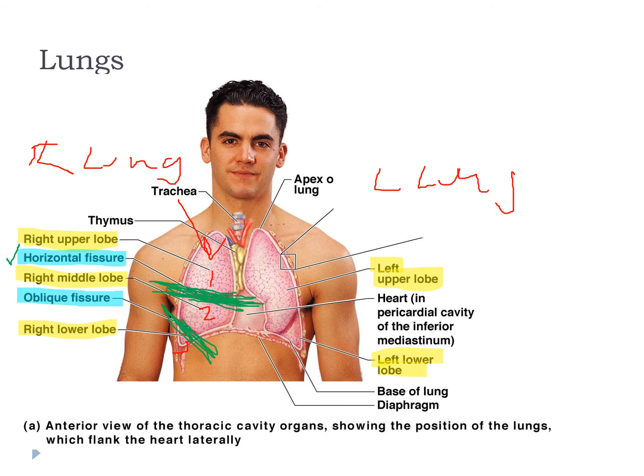And then this fissure between the second and third lobe is at more of an angle. The anatomy word for diagonal is oblique. So this is the oblique fissure and the horizontal fissure. And so that makes the right upper lobe, the right middle lobe, which is between the two fissures, and the right lower lobe, which is below the oblique fissure.